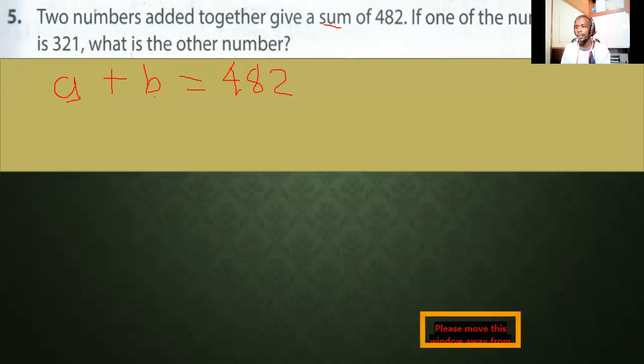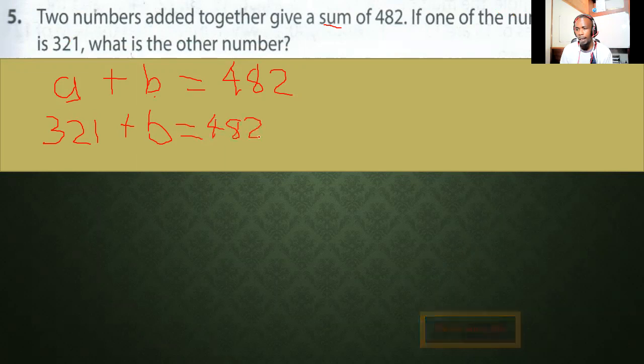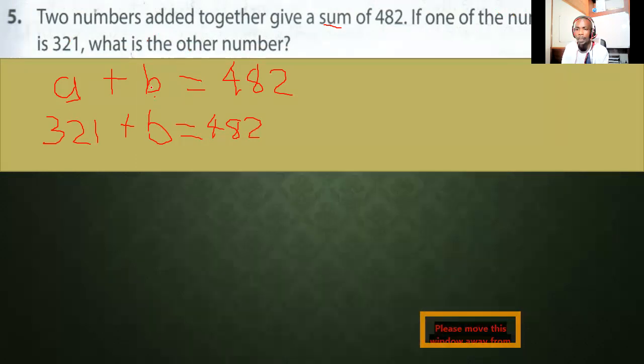So let's say one of the numbers A is 321. 321 plus B, the answer will be 482. Right? Now, what is B? What is the other number? So we said for you to get B, you subtract A from this number that we know from the total.